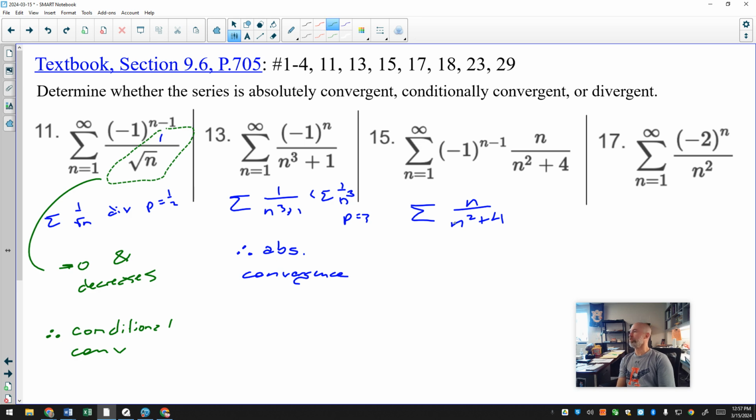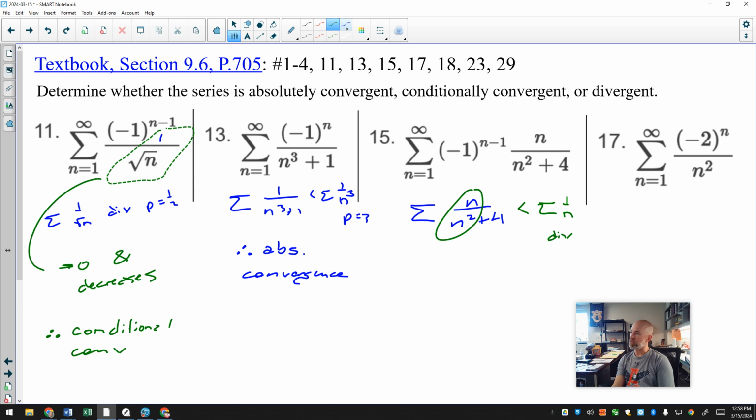Now I will look at the high power terms. The high power terms are n and n squared. So I will compare this to n over n squared, which is 1 over n. That diverges, right? But this is a larger denominator, which means that series is less than a divergent series. That's inconclusive. We want to be bigger than divergent or less than convergent.